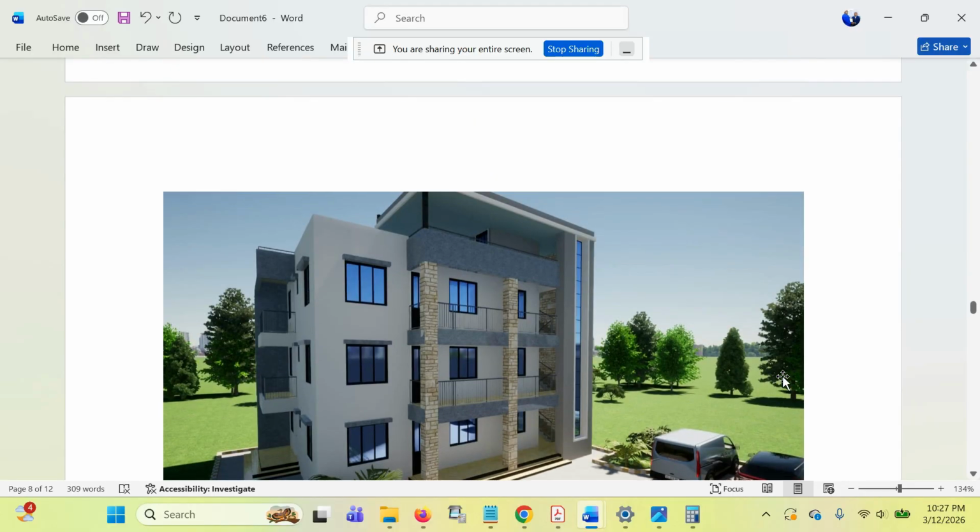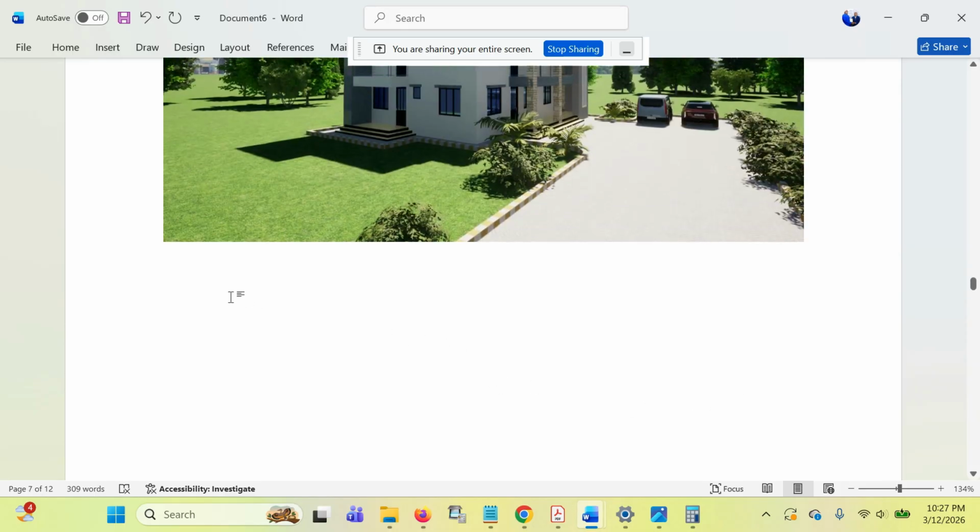Now, if I want to get more units, I will come and reduce the average cost per square meter, and perhaps consider reducing the size. So let me go with the lower limit of 60,000. Suppose the cost per square meter is Kenya shillings 60,000.